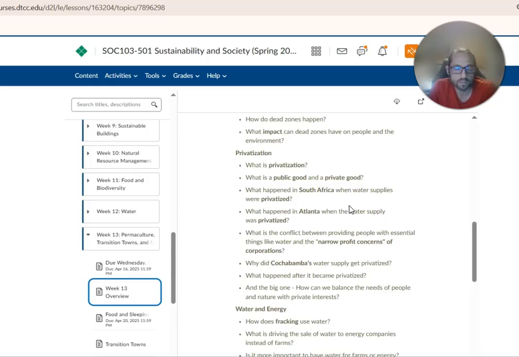So what happens? Well, we look at the positives. Generally speaking, it's usually more efficiently used because now some individual has a profit motive to get as much profit off of it as possible. So, that's generally a good thing because you want these water resources to last. The bad thing is it usually ends up with people getting fired or just having fewer jobs overall.